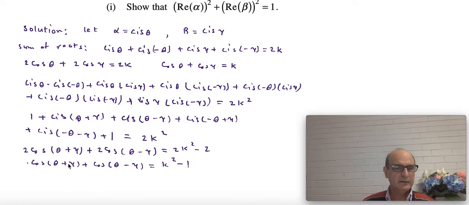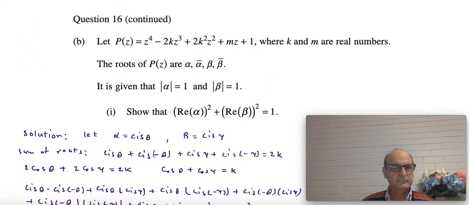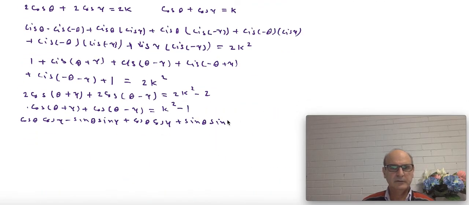If I just expand it, cos theta cos gamma minus sin theta sin gamma plus cos theta cos gamma plus sin theta sin gamma is equal to k squared minus 1, and these two cancel each other out, and we end up with 2 cos theta cos gamma equal to k squared minus 1.